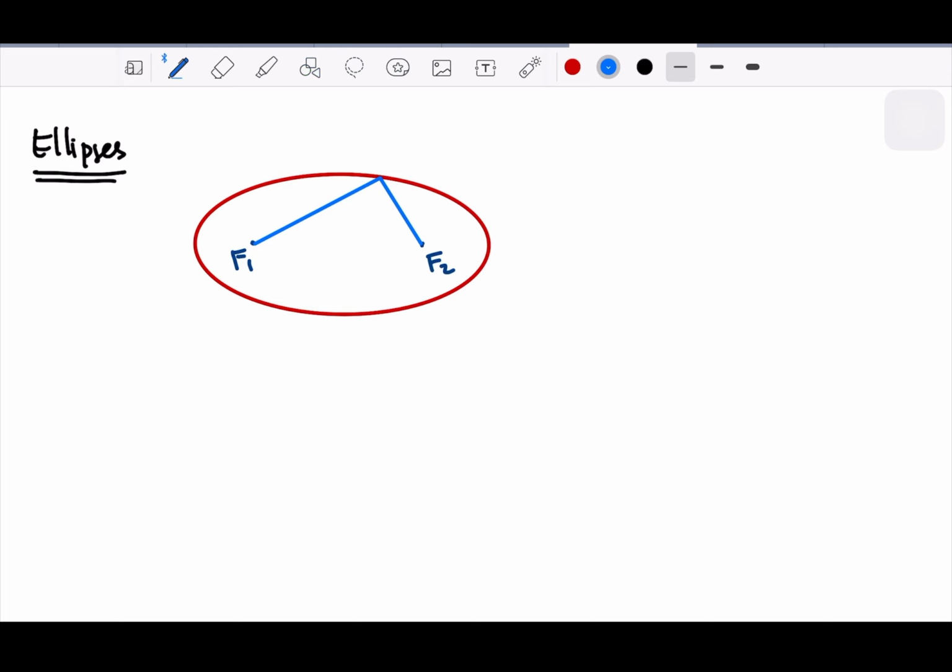Let's say this is our random point P on the ellipse. The sum of the distances PF1 plus PF2 should be equal to a constant.